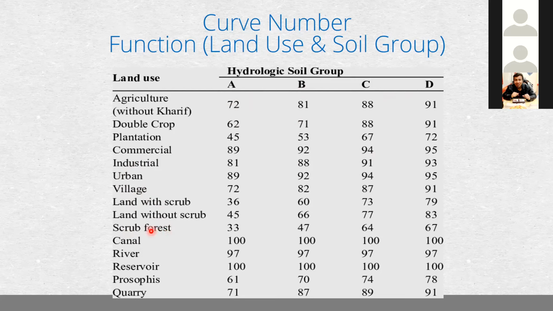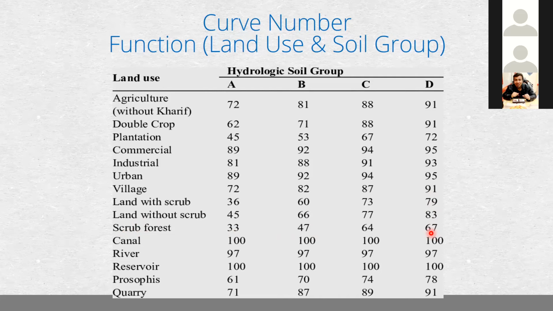In the scrub forest, if the soil group is A, then the curve number will be 33. If the curve number is low, it means there will be very little runoff. And when we look at the same land cover, scrub forest, in the D group, we get a high curve number. It denotes that most of the water will become runoff.